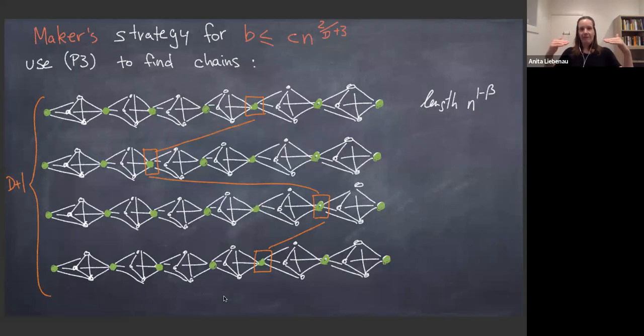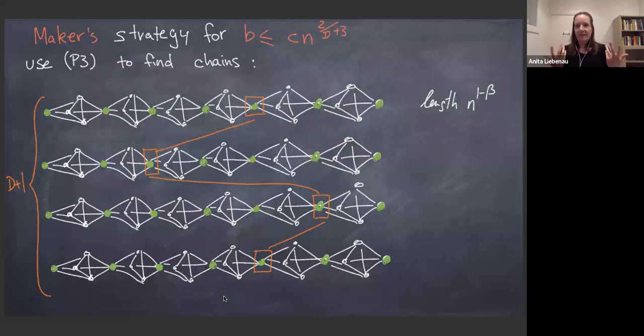And once I have r or D+1 of these chains, because I have enough of these green vertices in every chain, at least n^(1-β) in each of these chains, I know that between these green vertices here and here and here, I find a copy of K_r that has one vertex in each of these layers.